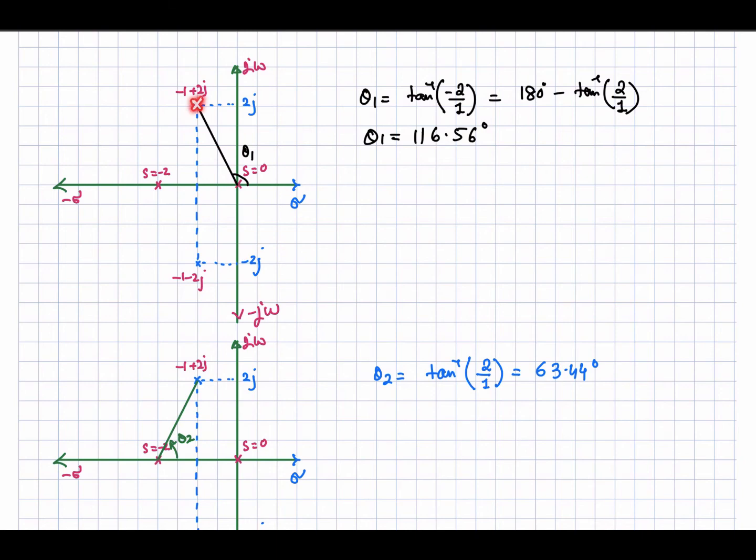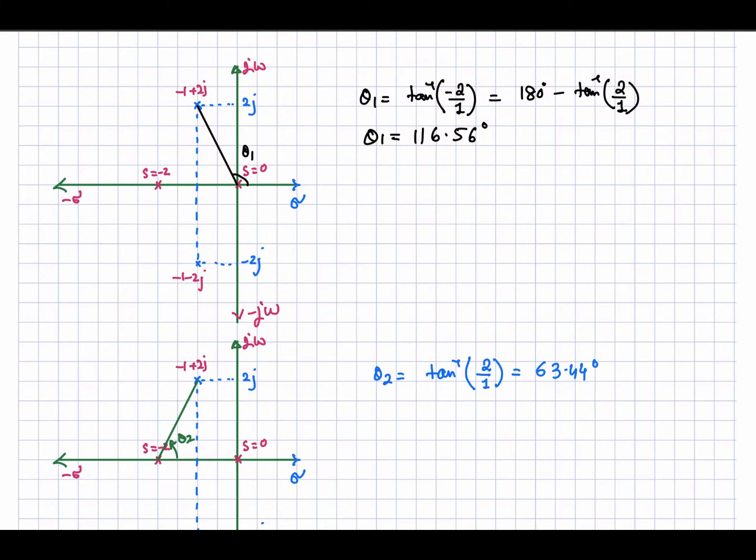First of all, considering this pole, and this is the line joining this pole for which we are measuring the angle of departure with this pole which is at the origin. So this angle is to be calculated, theta 1, right? So theta 1, if I look at this triangle, this will be equal to minus 1 and this will be equal to 2, so minus 2 by 1.